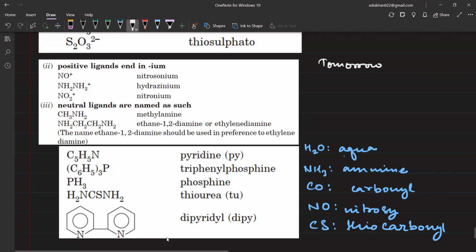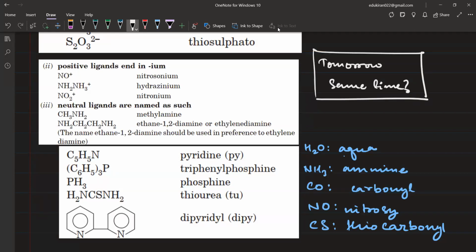Same time. मीनाक्षी, वाफिया. आस्था आपकी क्लास है? Sir, I'm not sure. I think I have another class. But if I don't have, I'll join. Rehan. Rehan cannot. Okay, fine.